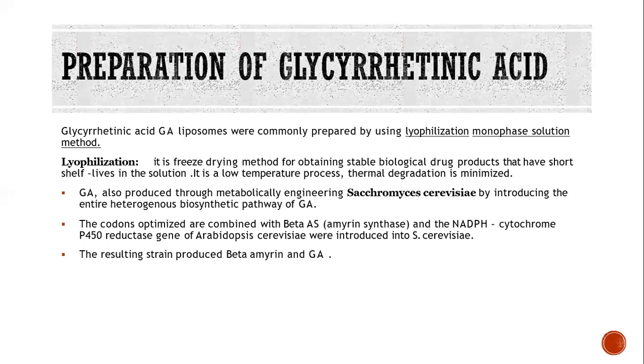Monophase solution is basically a type of matter or a compound that contains only one phase, a clear-cut and unattached type of matter. The other method used for the preparation of glycyrrhetinic acid is that GA is also produced through metabolic engineering of Saccharomyces cerevisiae by introducing the entire heterologous biosynthetic pathway of GA.